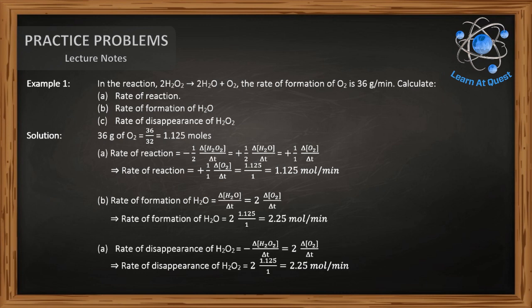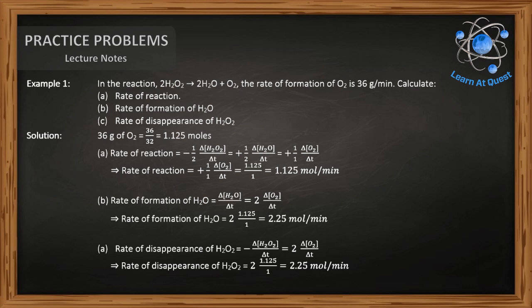Now in the first subpart, the question is find the rate of the reaction. We can either use the expression for rate of reaction based on stoichiometry or the rate law of mass action. Here, we know the coefficients of the reactants and the products, and we also know the rate of formation of oxygen. So we can use the expression for rate of reaction based on stoichiometry.